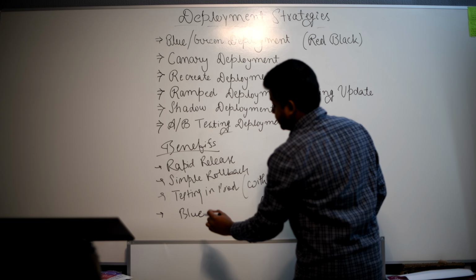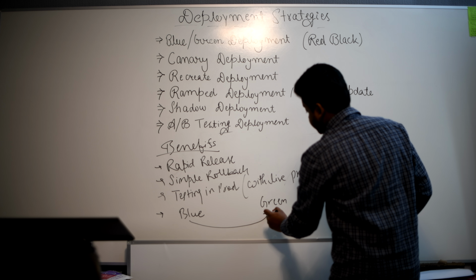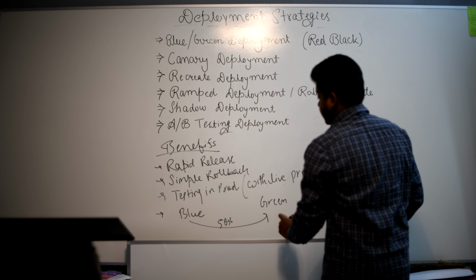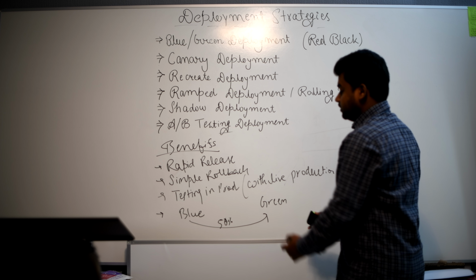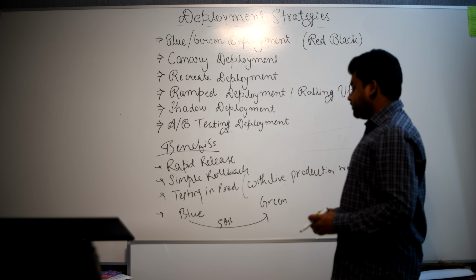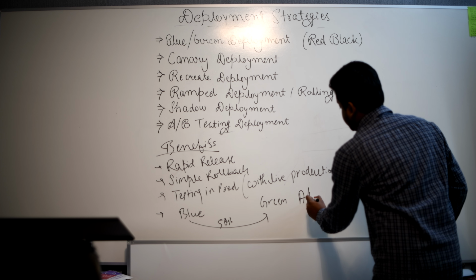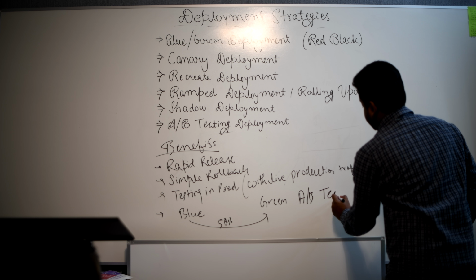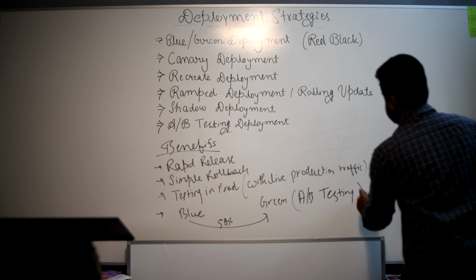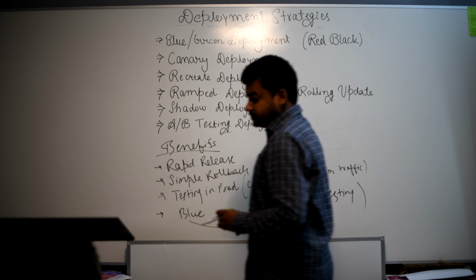Instead of transferring 100% of traffic from blue to green, we transfer only 50% of traffic, and then we monitor and observe how the application is performing with the new version. So this is the blue-green deployment strategy with the A/B testing deployment strategy. So yeah, this is all about blue-green.